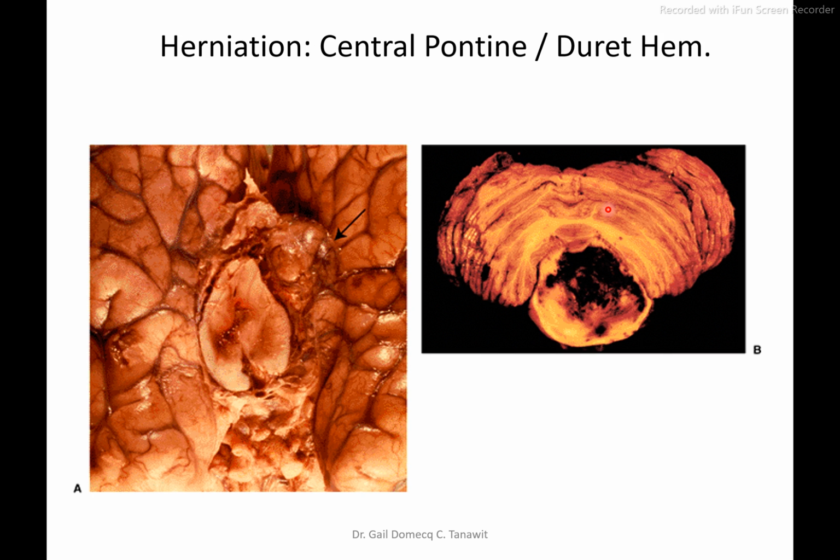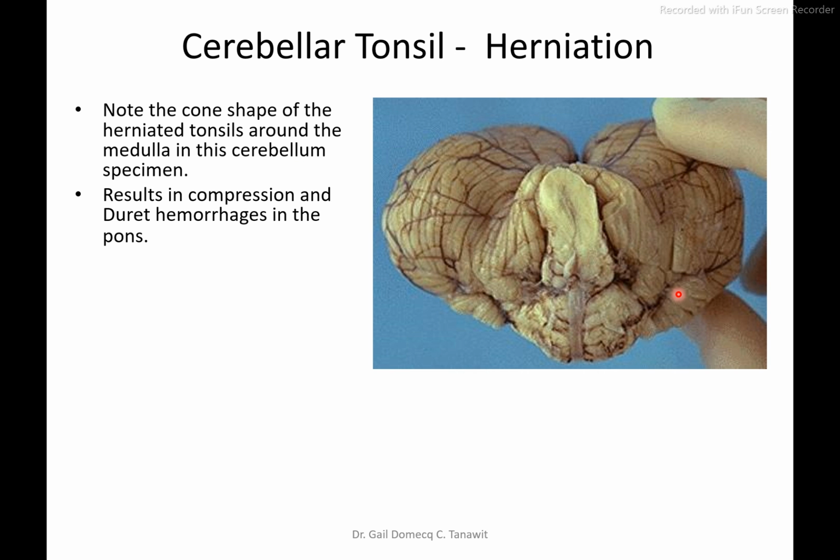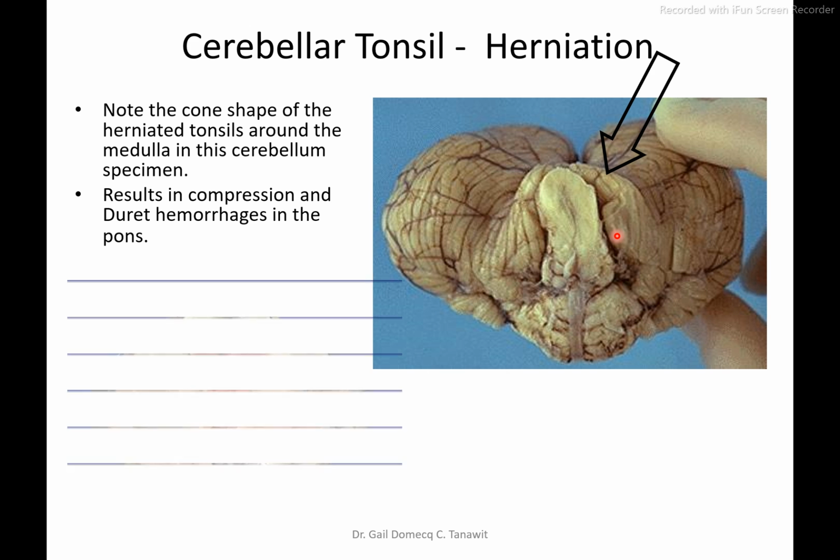This is another type of herniation, your central pontine herniation, with Duret hemorrhage. This is a cerebellar herniation. We have these cone-shaped cerebellar tonsils here around the medulla in the cerebellum specimen, resulting in compression and Duret hemorrhages in the pons.